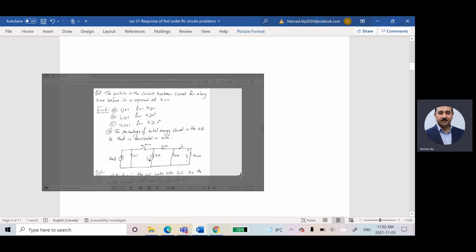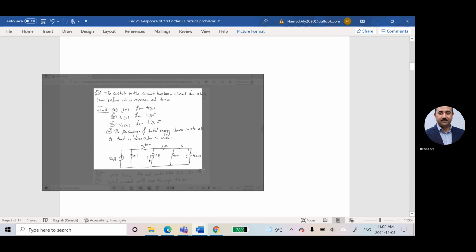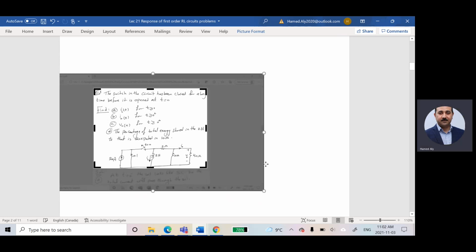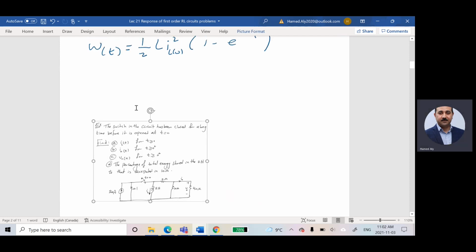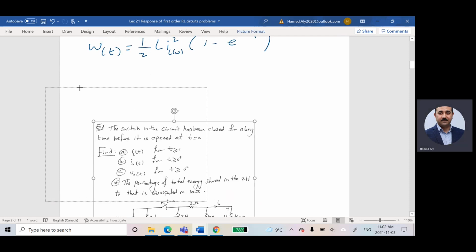So for this problem, he gave me the following circuit, and he asked me about what?